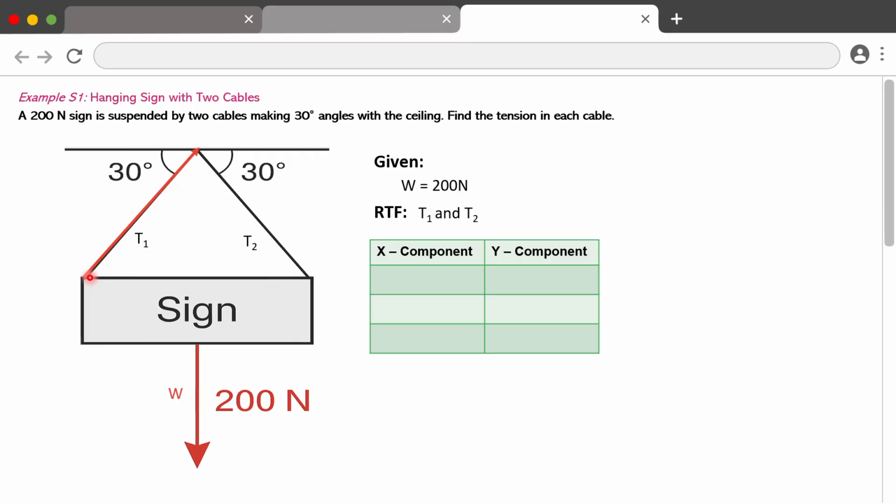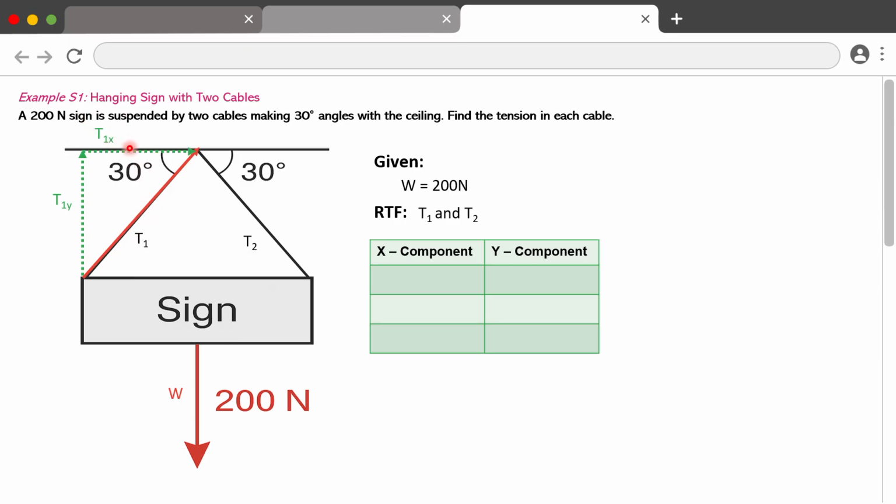The tension force that the ceiling exerts on the sign through this cable is given by T1. Let's examine the x and y components of this force. We can see through this green dashed arrow vector that we have T1y, which represents the y component of T1. For the x component, we have T1x.